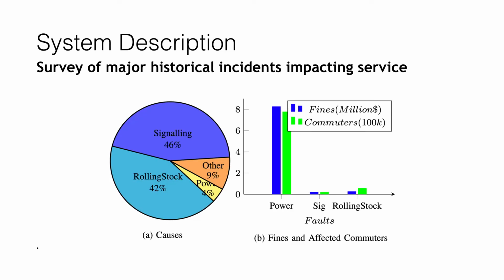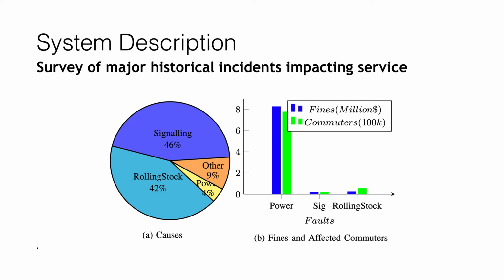On the left, you can see the causes, and you can see a majority of them were related to signaling components at 46%, and a close second at 42% related to the rolling stock subsystem, which equates to the train vehicle. We'll be talking about how to characterize the different systems and components in the train in the next slide.